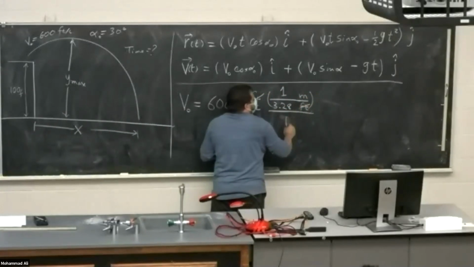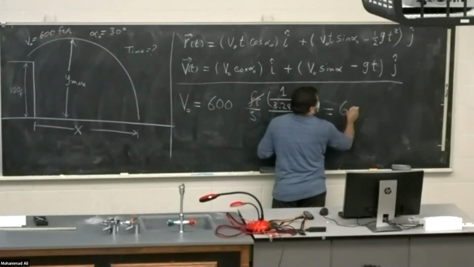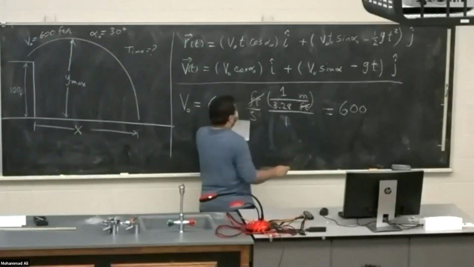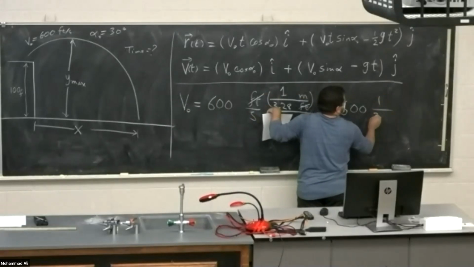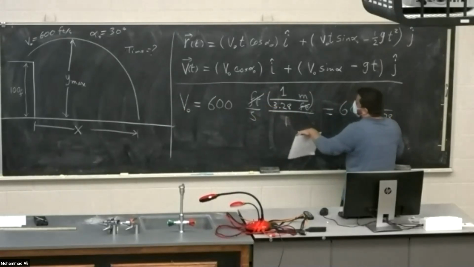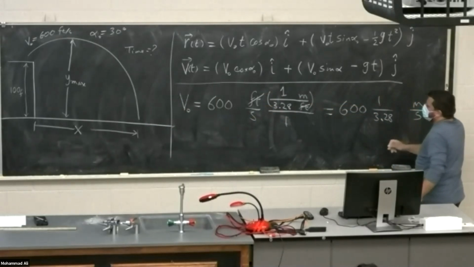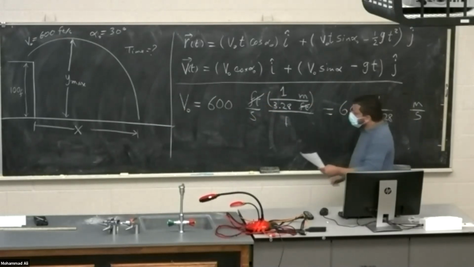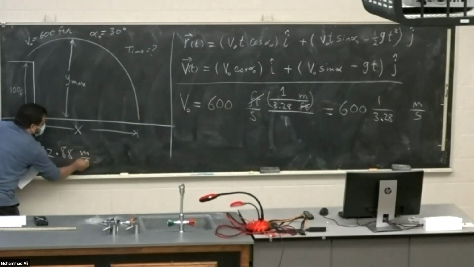I can cancel feet with feet, and I have meters per second. So v naught is equal to 182.88 meters per second.